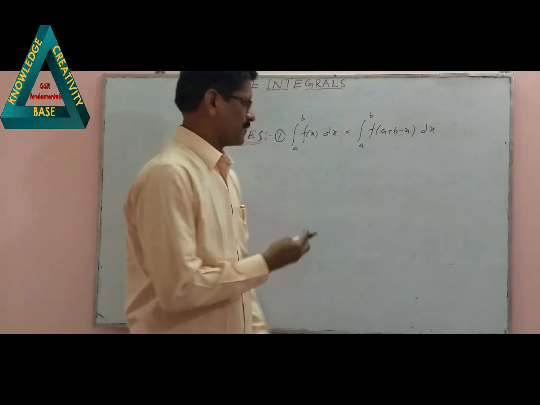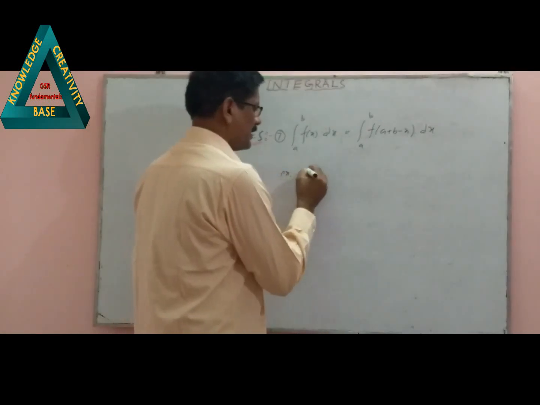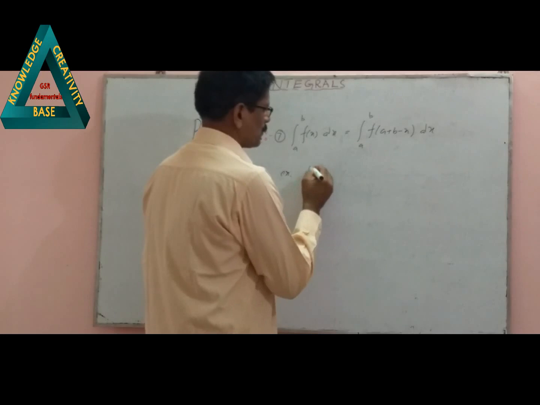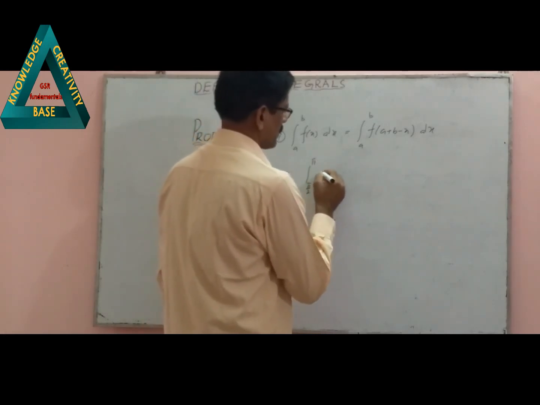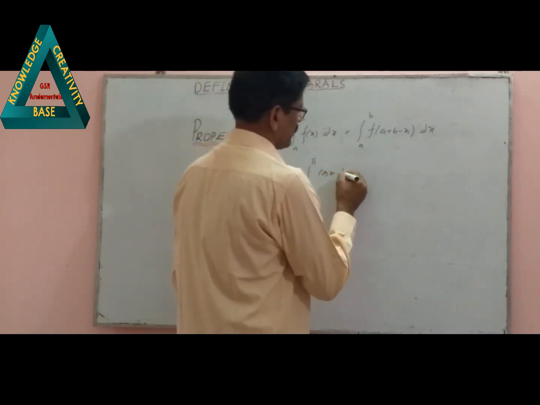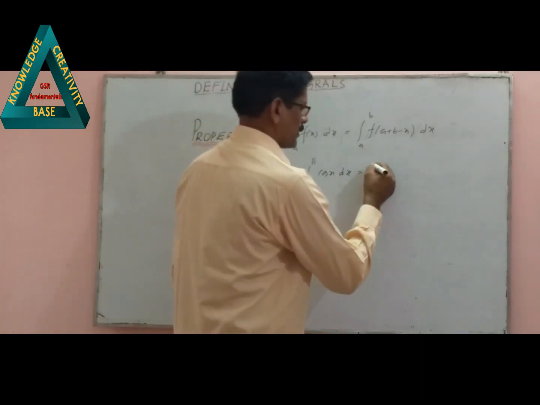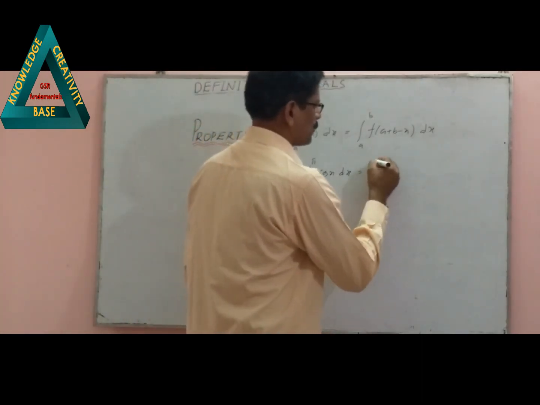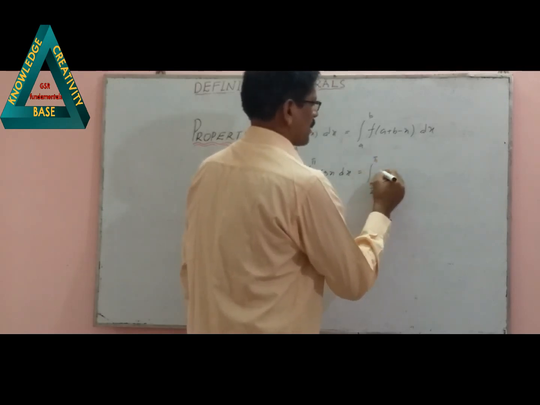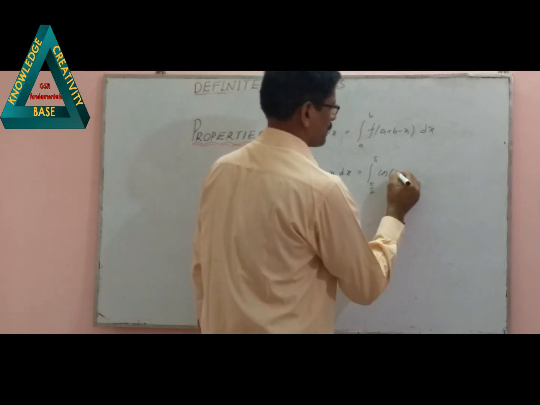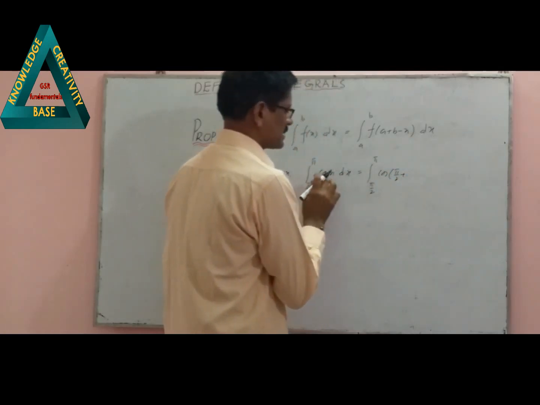For example, integral pi by 2 to pi cos x dx is equal to integral pi by 2 to pi cos of, what is the lower limit? Pi by 2 plus, what is the upper limit?